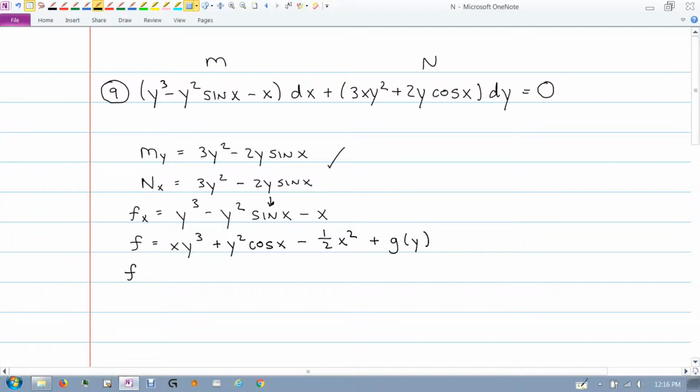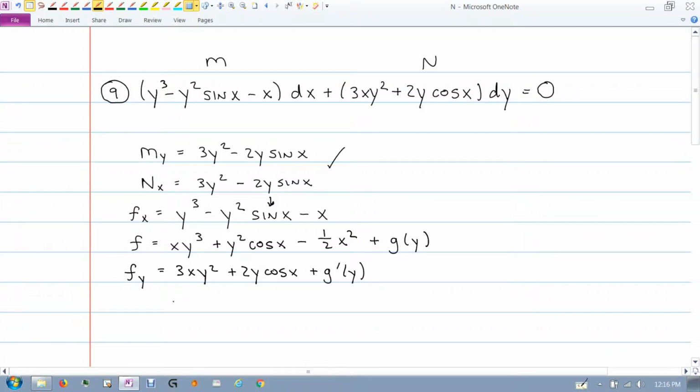All right, so that is our antiderivative with respect to x. Then we take the derivative of that with respect to y. We get 3xy squared plus 2y cosine x, and then the derivative of negative 1/2 x squared is 0, and then we have plus g prime of y.